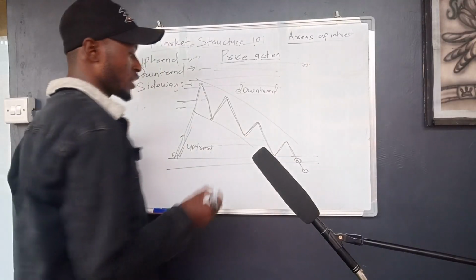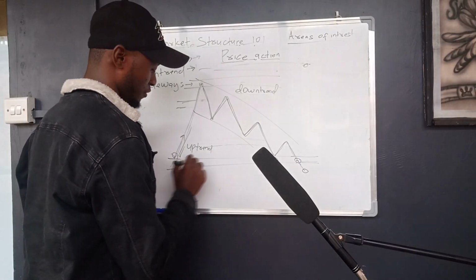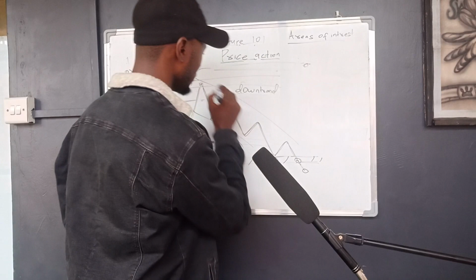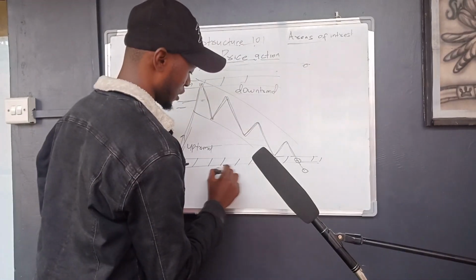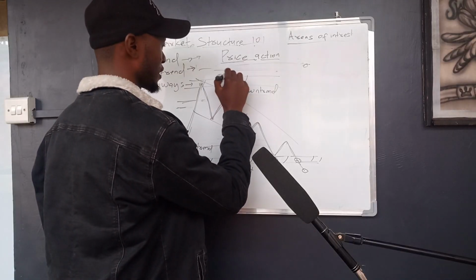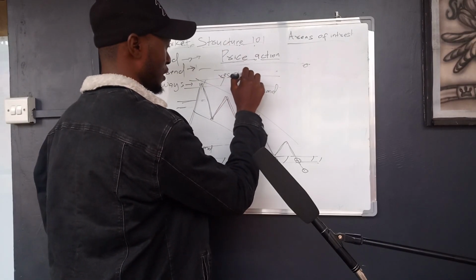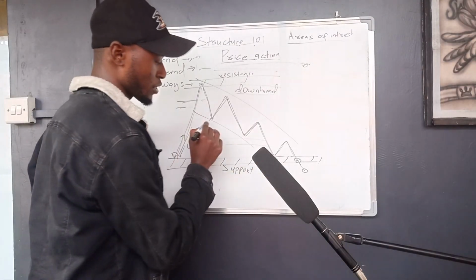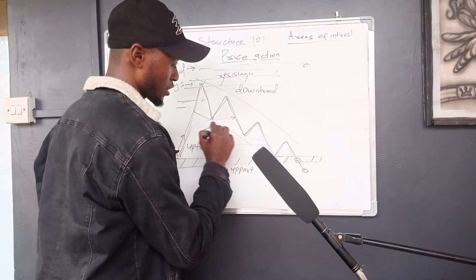Simple. You wait for the market to reach your zone of interest. This is support. This is resistance. After the market comes here, this is a downtrend because the market is breaking the lows.